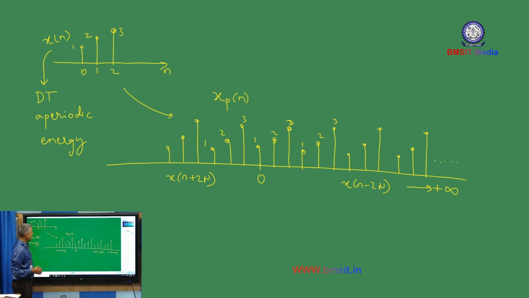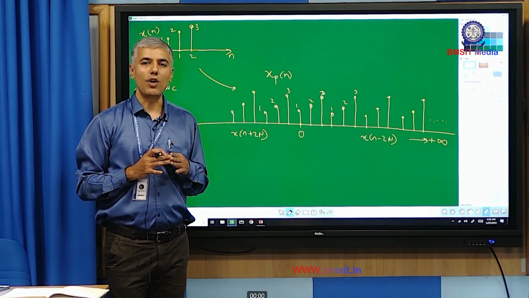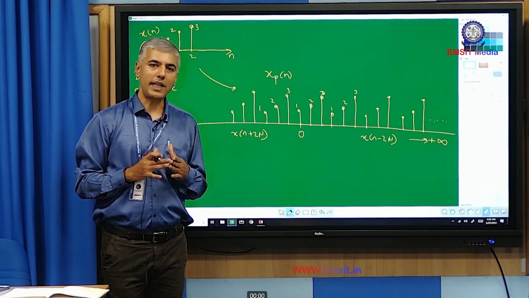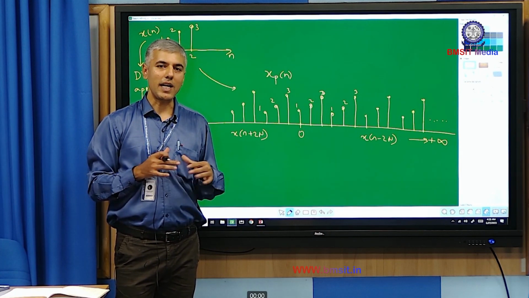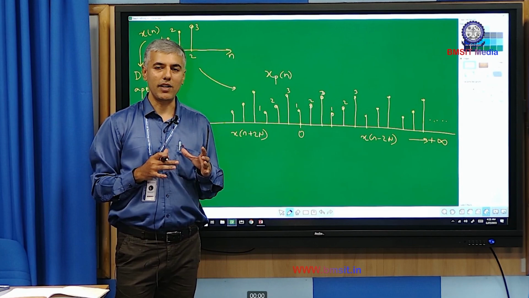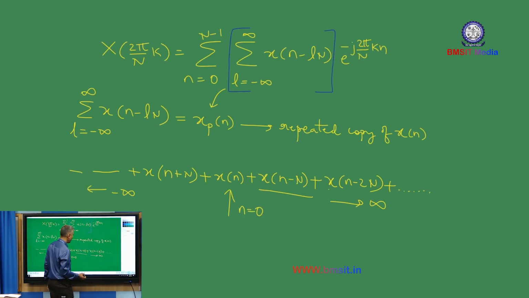Okay, so we actually began with a representation of a discrete time aperiodic energy signal, but the rearrangement in this equation is pointing to a subtle representation of x of n in a different manner.